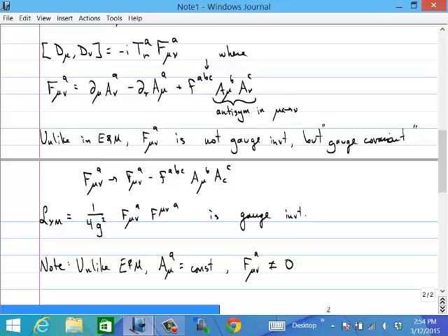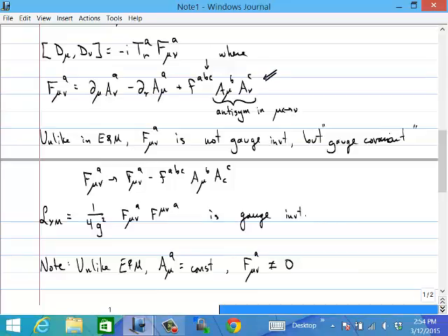In particular, if A is a constant, but the different A_mu's, regarded as n by n matrices, don't commute with one another, then this commutator appearing here could be non-zero. And that's unlike the case of electromagnetism, where, for example, if you had a constant value of the electrostatic potential, the electric field strength would be equal to 0.